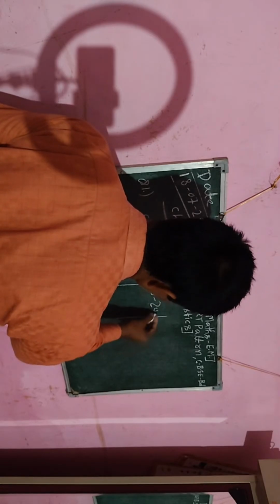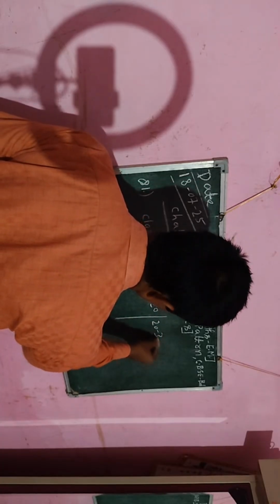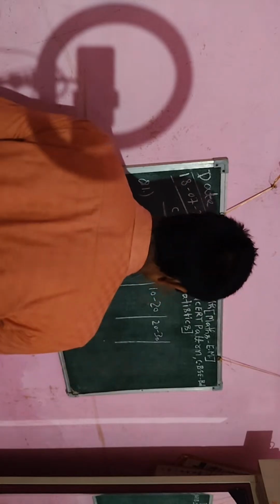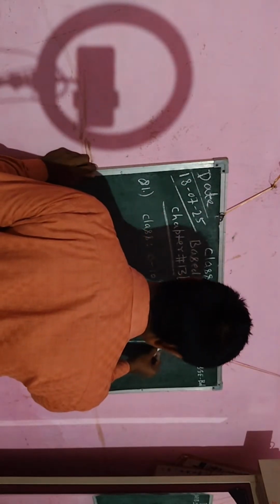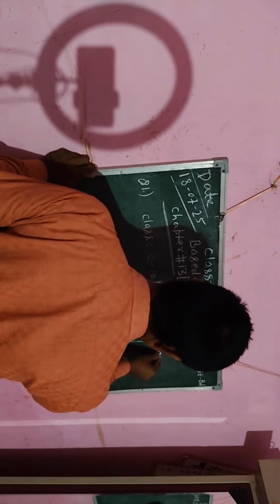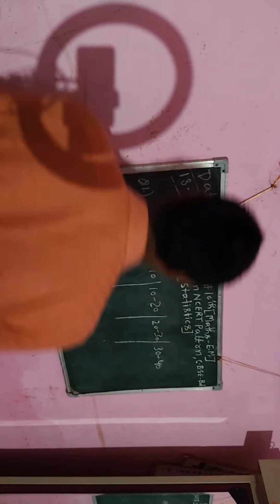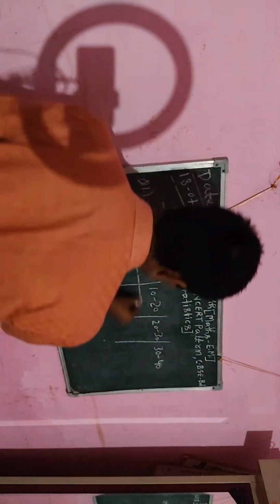Next class I am considering here 20 to 30, and next I am also considering 30 to 40. So this is the data for the class.